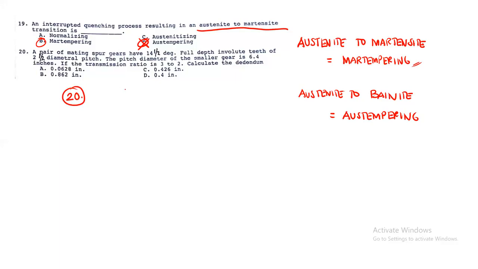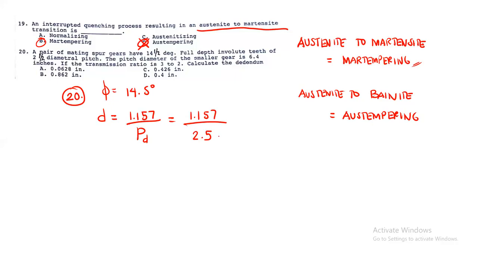So, since ano yung pressure angle? 14.5 degree pressure angle. So, kapag 14.5, ang formula ng dedendum is 1.157 over diametral pitch. So 1.157 divided by 2 and 1 half or 2.5.